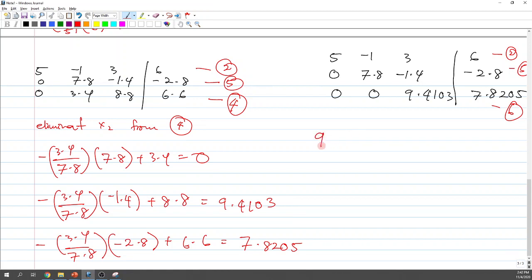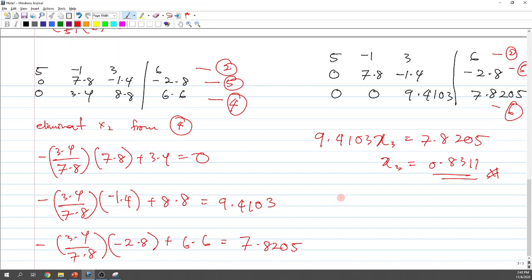Okay, so what we get here is 1 and 9.103 x3 equal to 7.8205. So x3 equal to 0.8311. Okay, so this is x3.